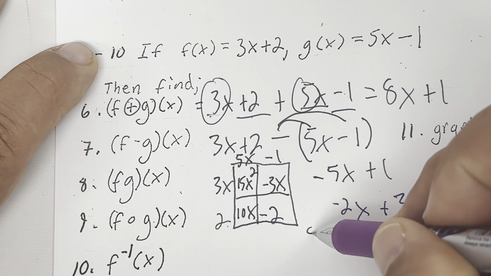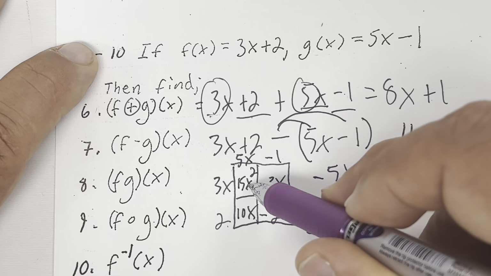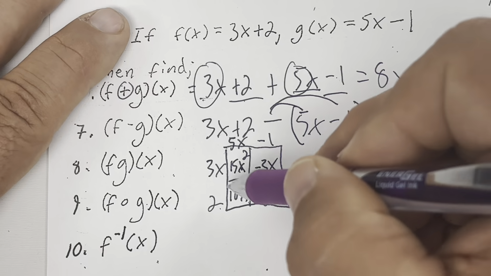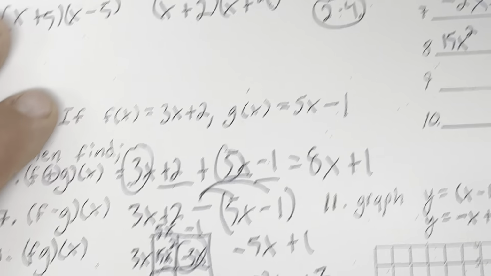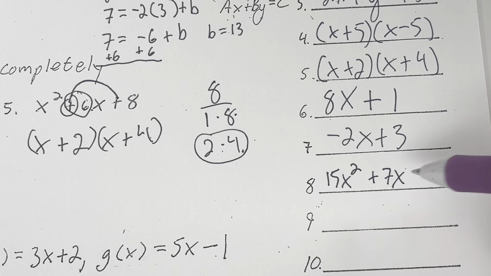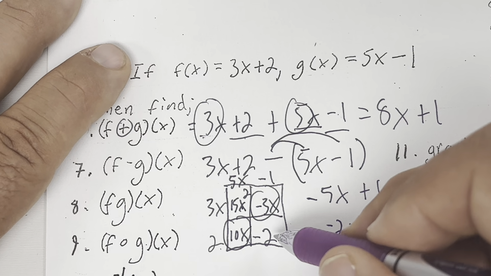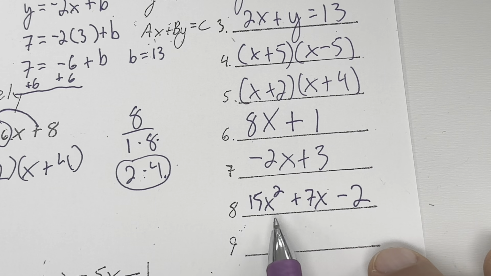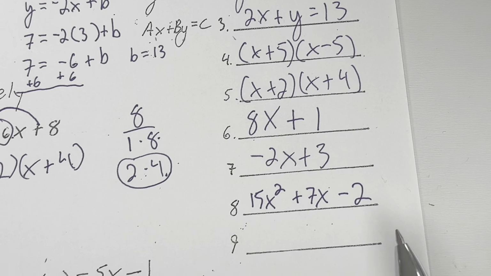So now when I see like terms, I combine them. 15x squared comes out by itself. 10x minus 3x, that's plus 7x, minus 2. So our answer is this expression, 15x squared plus 7x minus 2.